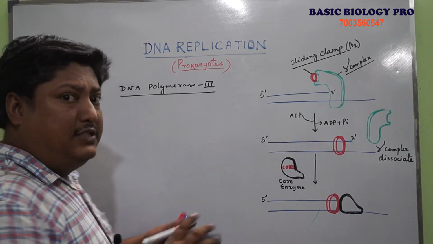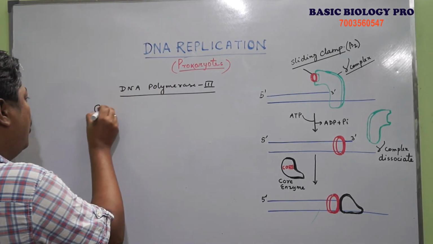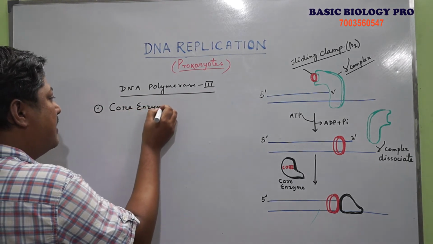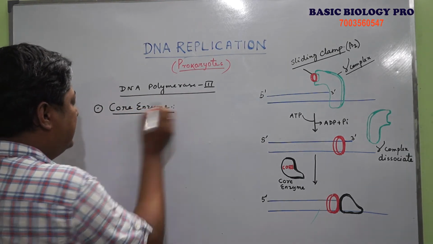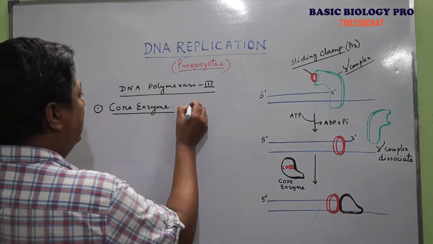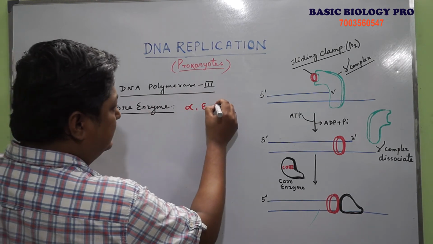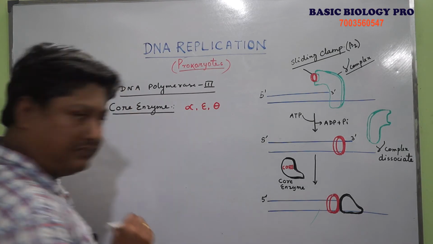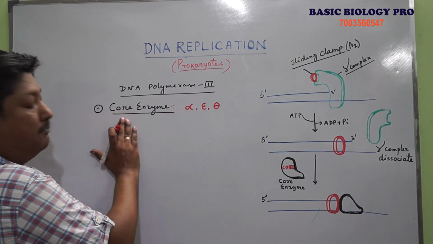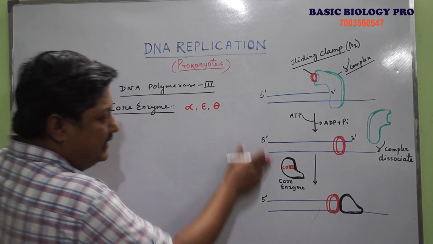Now among these 4 parts of this DNA polymerase 3, the first part is known as core enzyme. And this core enzyme consists of 3 subunits. One is alpha, epsilon and theta. These 3 subunits together form the core complex or the core enzyme, which has been picturized in this diagram.